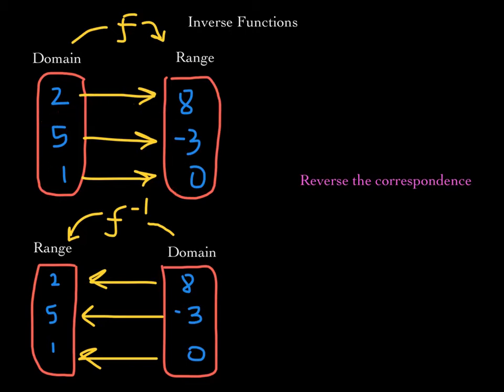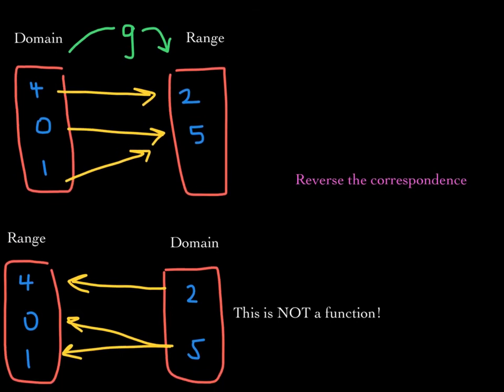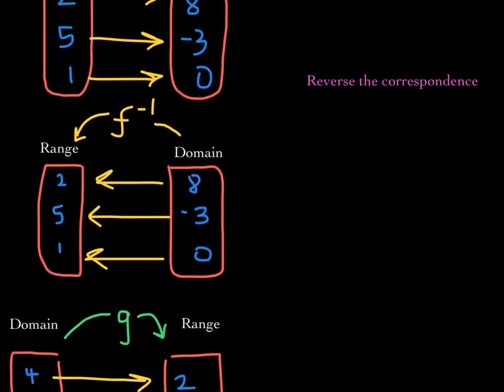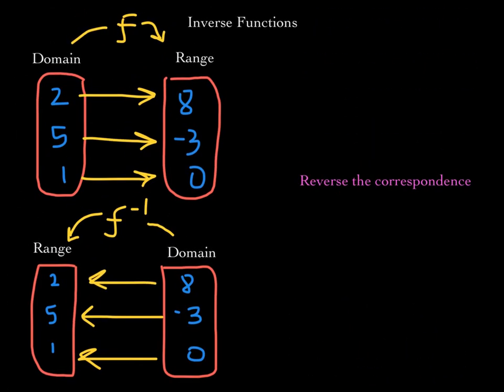That's not true over here for function g. Different inputs don't have different outputs. These two different inputs have the same output, and that was the problem when we went to reverse the correspondence. When different inputs have different outputs, like function f here, then you call this function one-to-one. This function is said to have one-to-one correspondence.